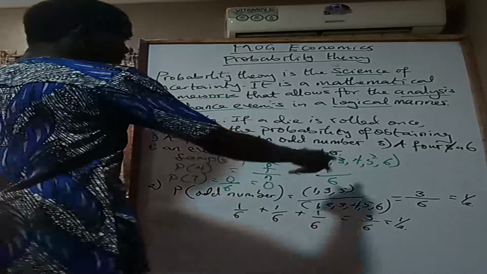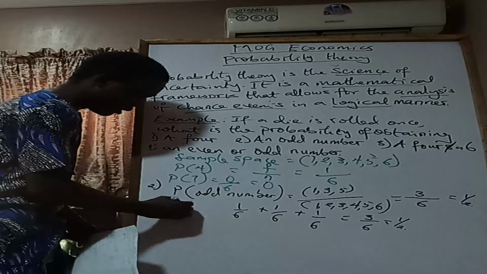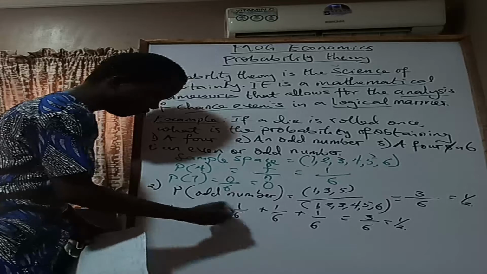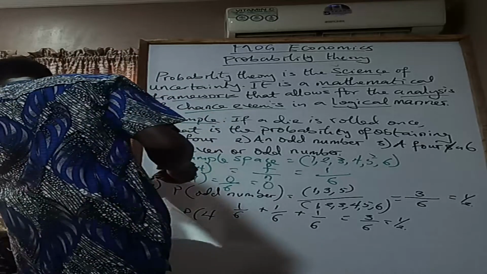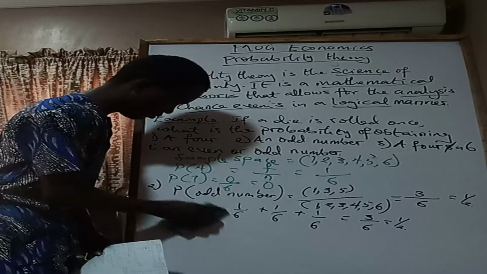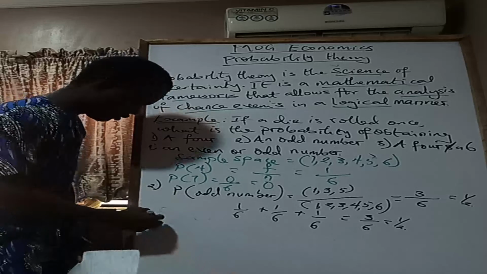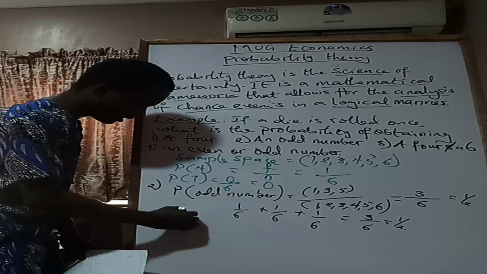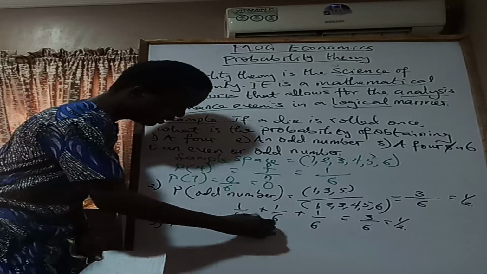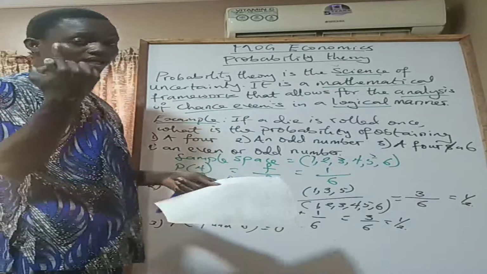So the probability of getting a 4 and a 6 is 0. You can't do it because you're tossing the die once.